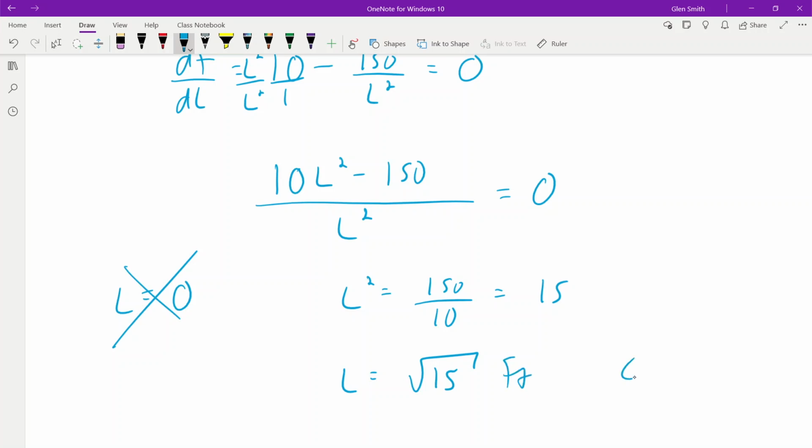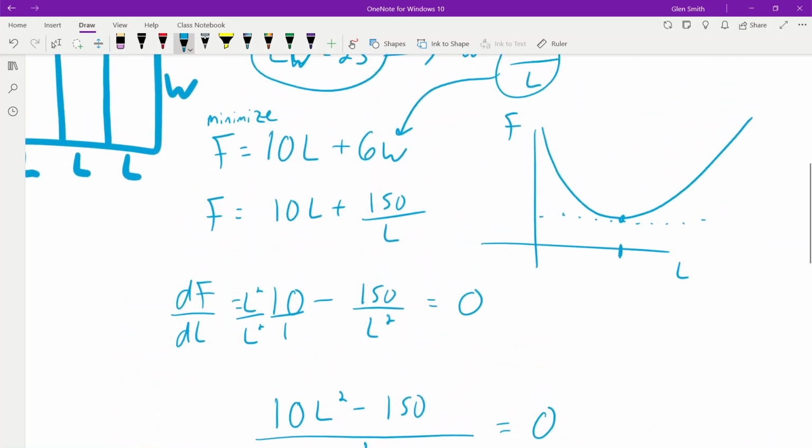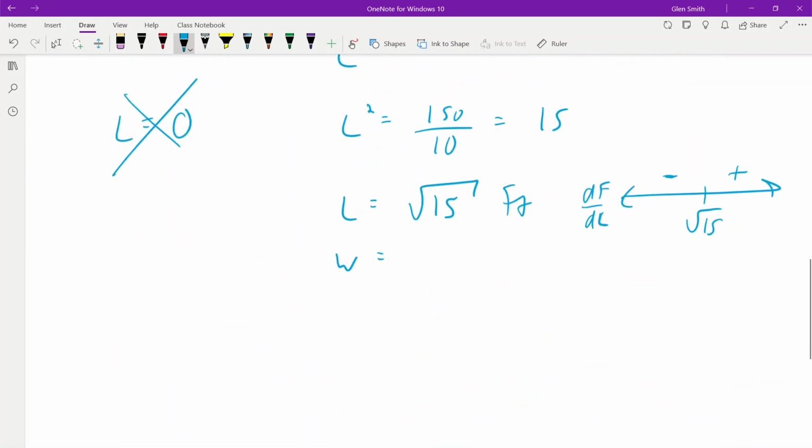And if we made a number line for that, you're going to find out the derivative is negative and then positive. That's a minimum. And then we want to find the width, so let's finish that up here. Remember the width was what, 25 over L? So the width is just 25 over what L is.